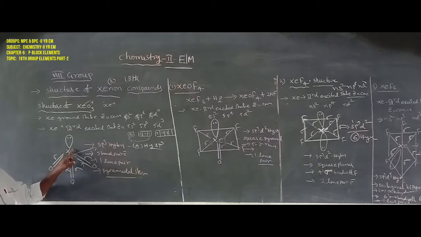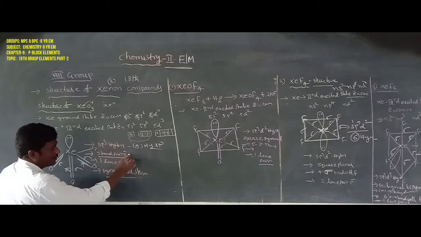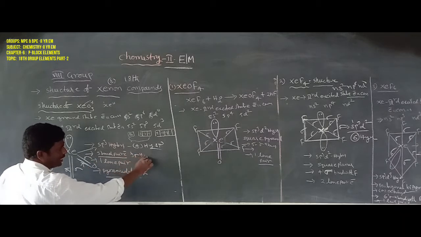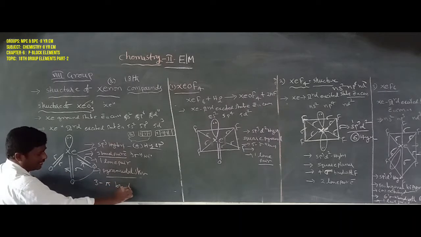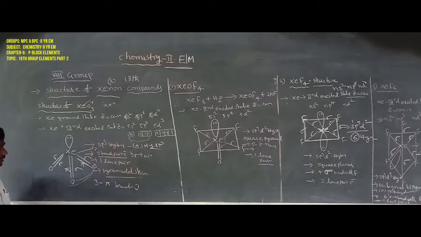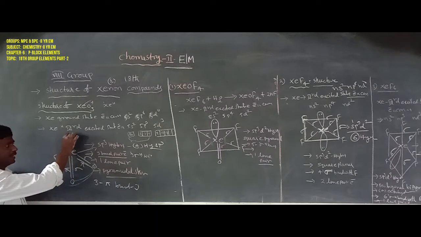Here xenon bonds with the 3 oxygen atoms to form 3 sigma bonds, and the remaining 3 are pi bonds with the 3 oxygen atoms. It forms a pyramidal structure instead of a tetrahedral one, because the central xenon atom has 3 bond pair electrons and 1 lone pair electron.